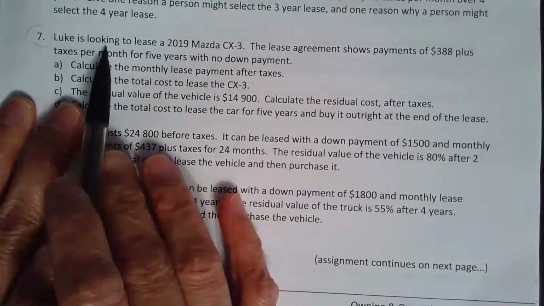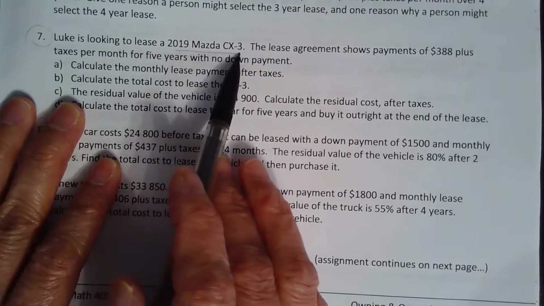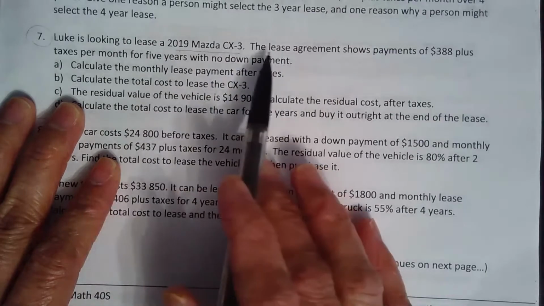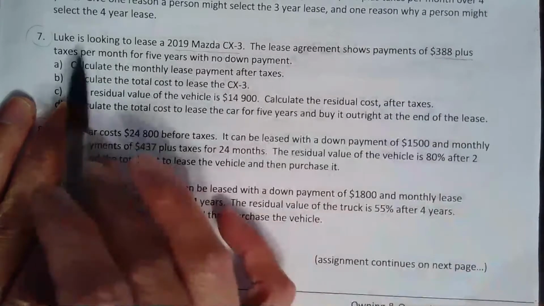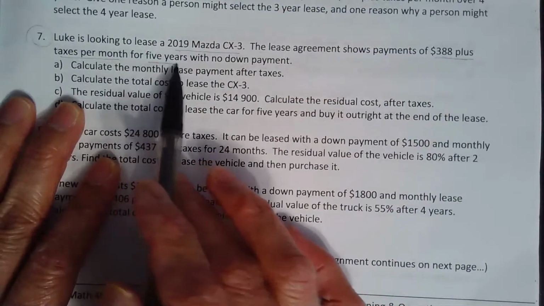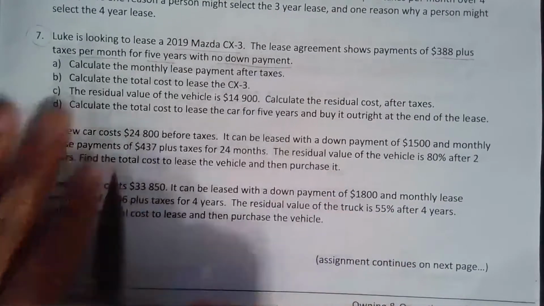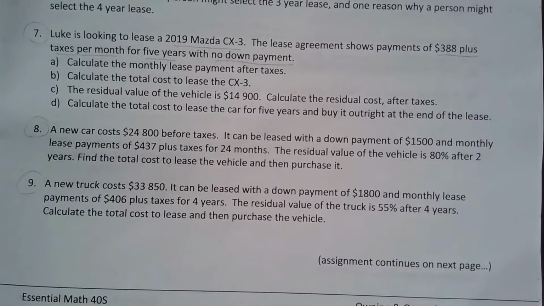Page 33, number 7. Luke is looking to lease a 2019 Mazda. The lease agreement shows payment of 388 plus taxes per month for 5 years with no down payment. Let's try that one.